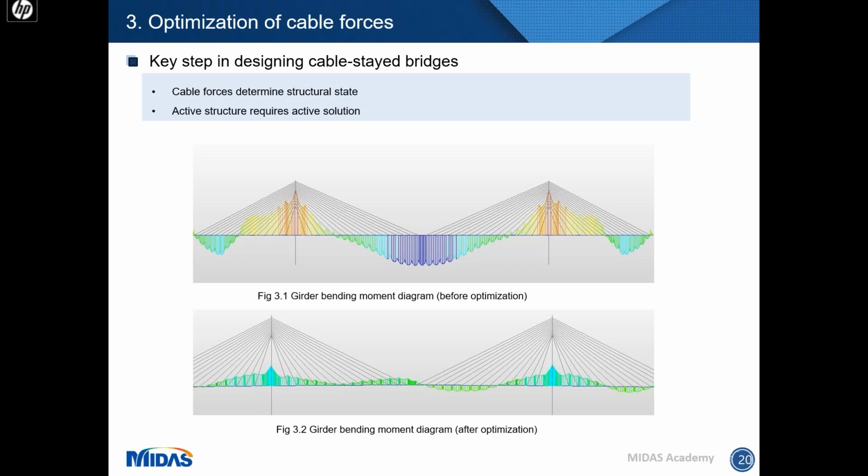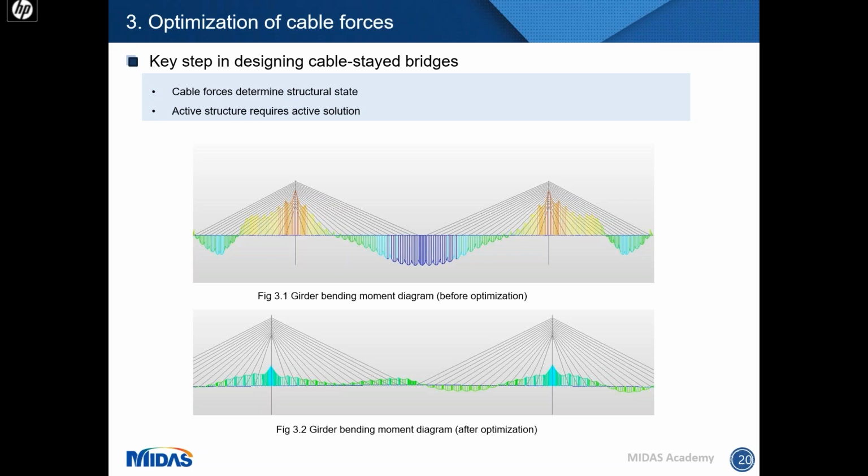The only difference is the cable forces. We can see in figure 3.1, the girder bending moment is very huge. And to resist such a huge bending moment, we need to use a lot of material on the girder. That's a lot of cost.